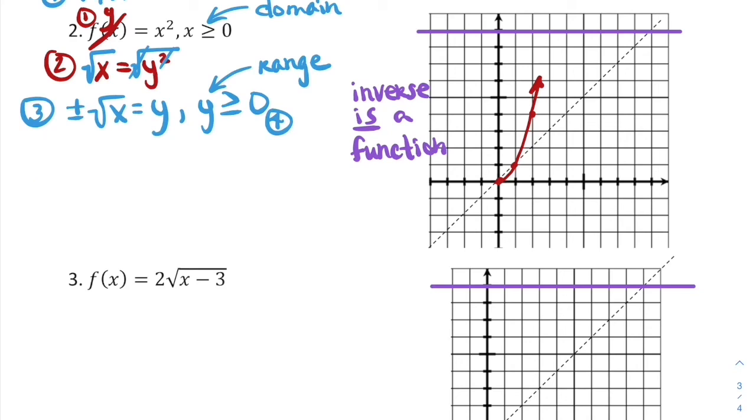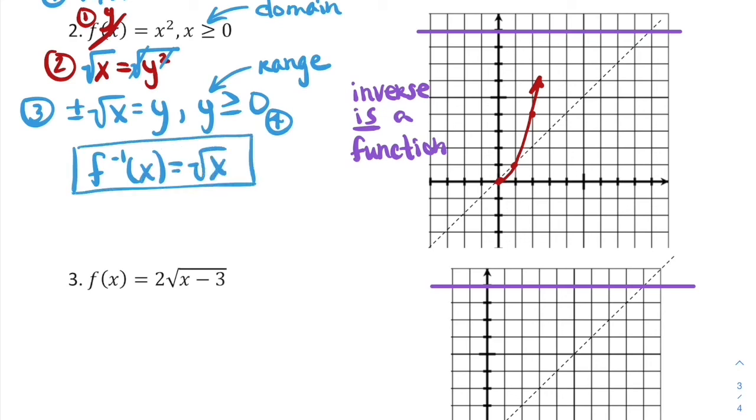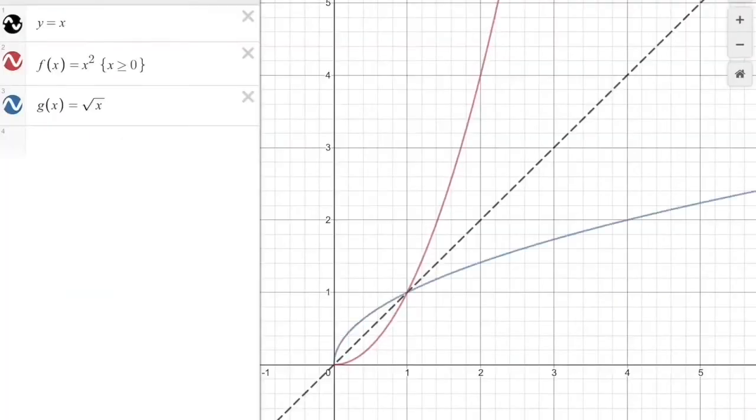And now I can write this in function notation. So f inverse is equal to square root of x. Again, we got rid of the positive and negative. It's just a plain old square root of x, so it's always going to be positive. All right, step 5 is to plot. So let's plot. I called that g of x, and you can see that it is a perfect mirror image.